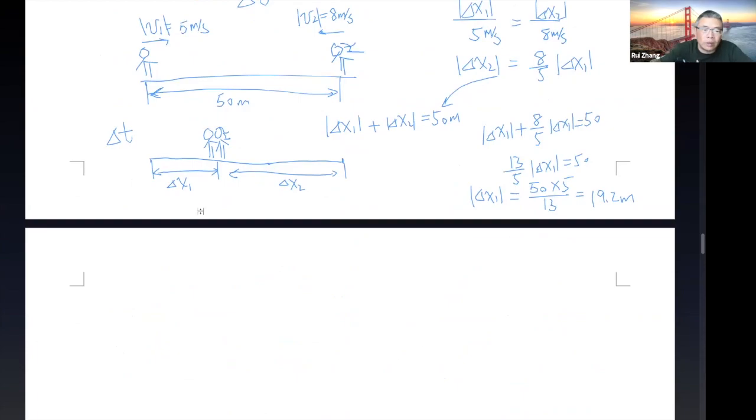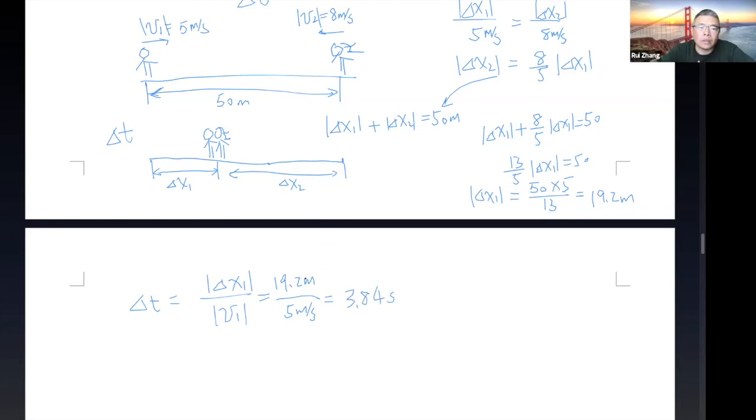Delta t equals delta x1 divided by v1, so it's 19.2 meters divided by 5 meters per second, which is 3.84 seconds.